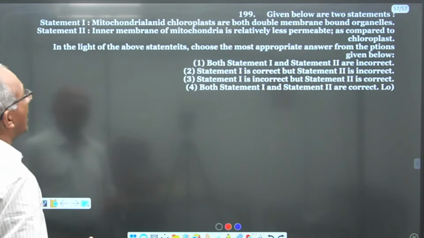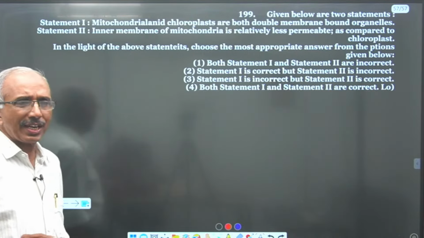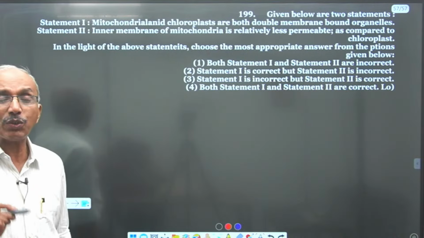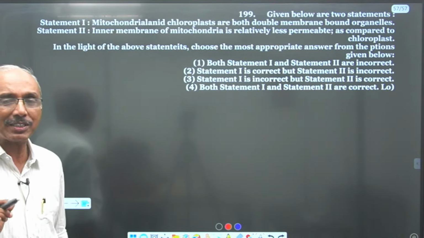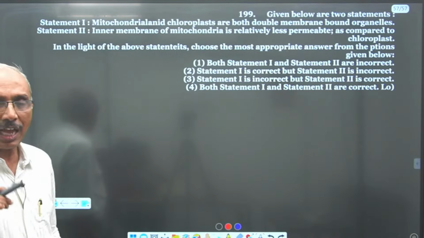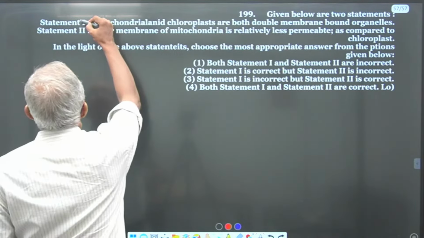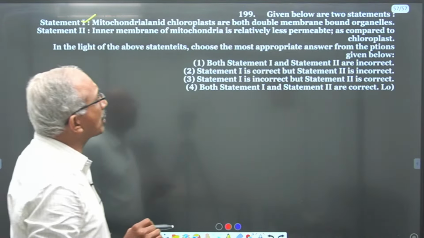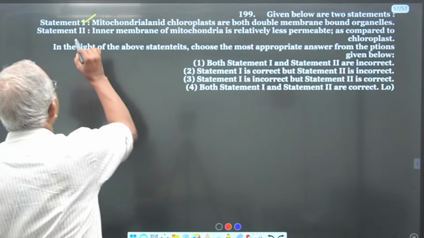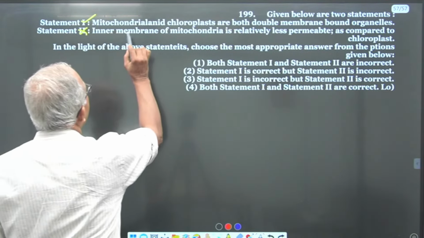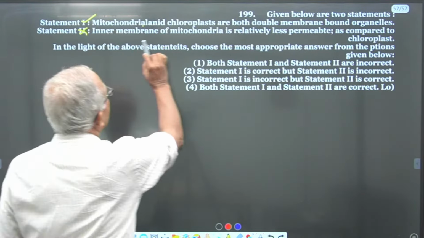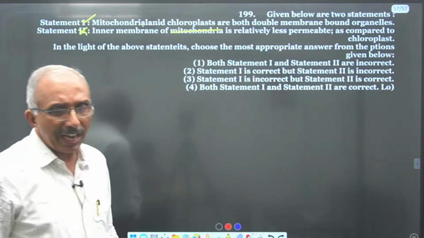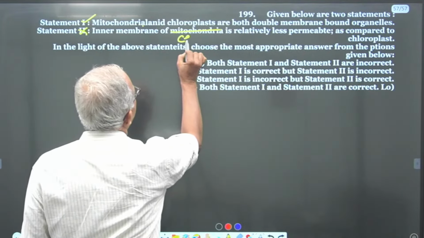Here is a direct NCERT question. You can see these two statements on the page where the chloroplast diagram is given in the NCERT. First statement is correct: mitochondria and chloroplast both are double membrane. But second statement is wrong. When we compare mitochondria and chloroplast, the inner membrane of chloroplast is relatively less permeable.